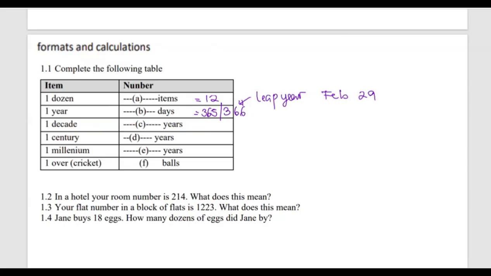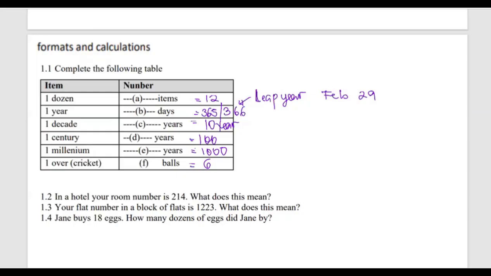But the normal February is 28 days. Then a decade: these are 10 years, a collection of 10 years. A century is a collection of 100 years. Then if you collect 1,000 years, you have what we call a millennium. 1 over in cricket is 6 balls, bowling, throwing 6 balls. Okay, those are the terms, right?